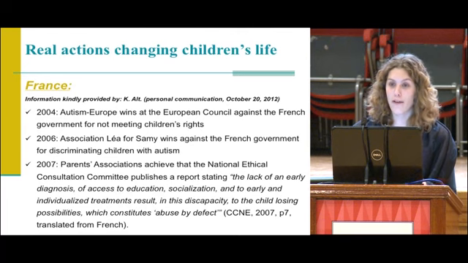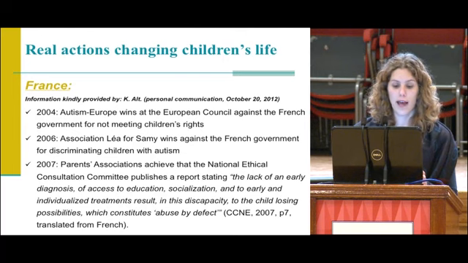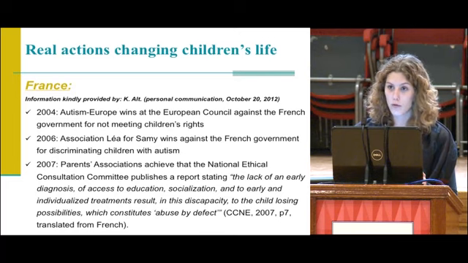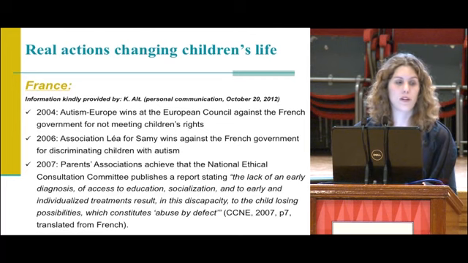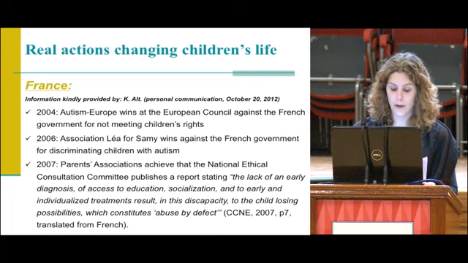In 2007, parents' associations achieved that the National Ethical Consultation Committee published a report stating that the lack of early diagnosis, of access to education, socialization, and to early and individualized treatment results in the child losing possibilities, which constitutes abuse by default. This is translated by me.